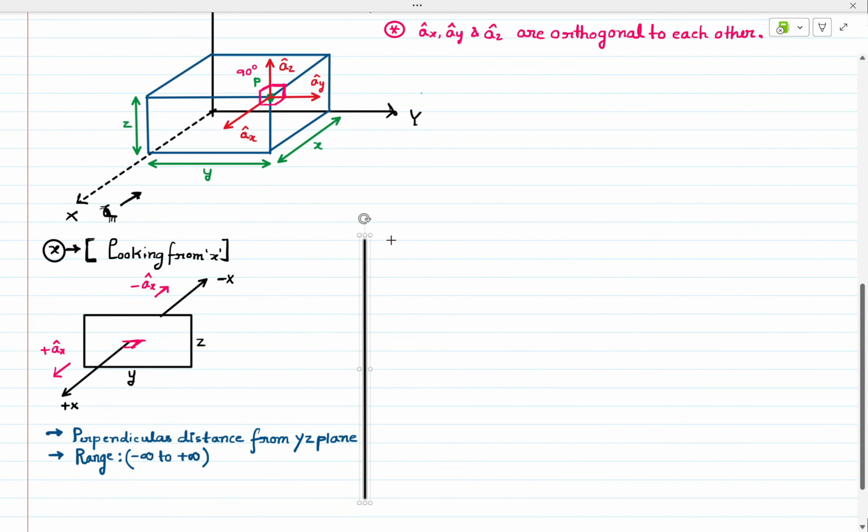For X, I am looking from the X direction. Similarly, for Y, I will look from the Y direction.